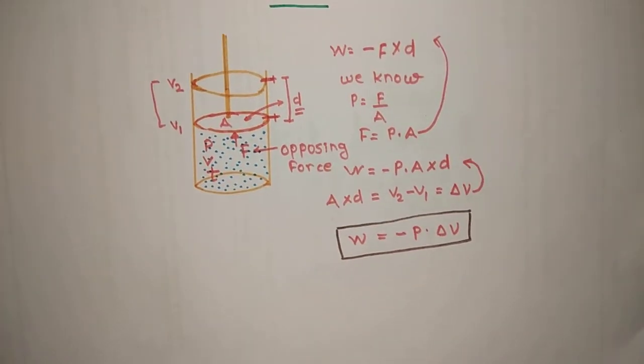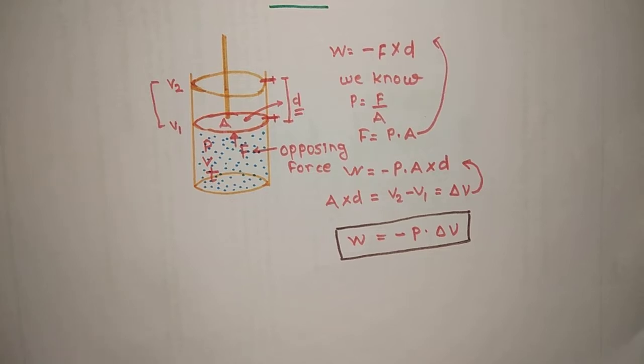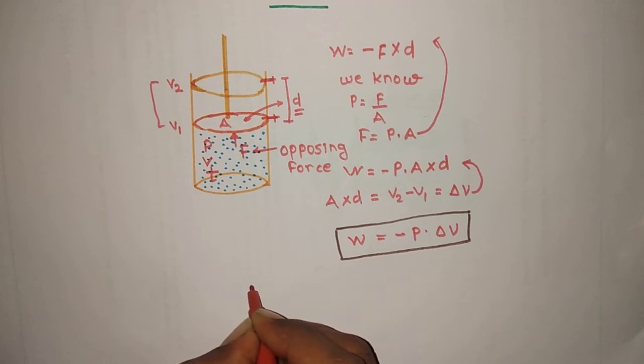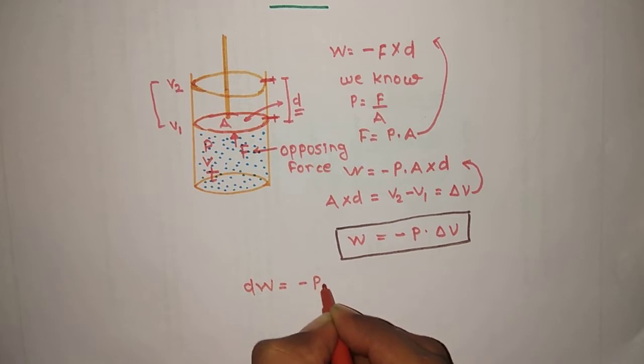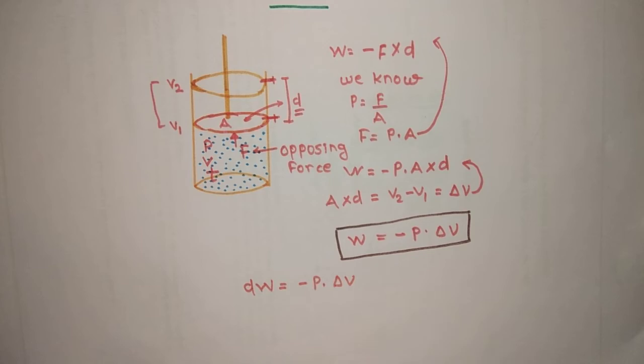The work we have right now is for a small change, denoted as dW equals minus P del V, and we can get the complete work by integrating this equation: W equals minus integral P del V between the limits V1 to V2.